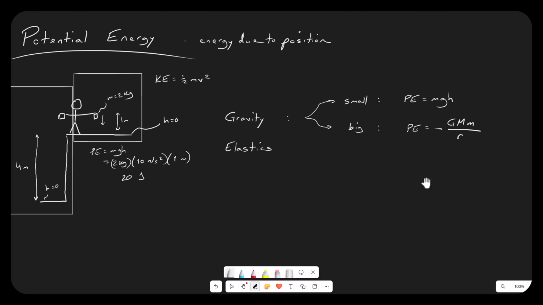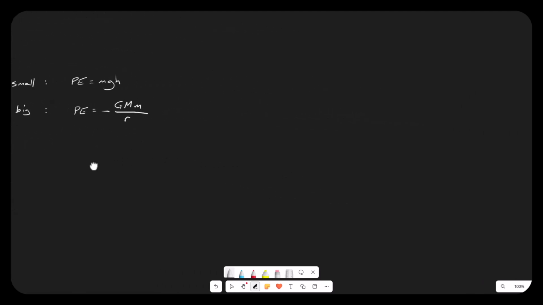Here's what that negative is about. If I have a graph of energy versus r, this negative GMm over r is something that's going to look like that.